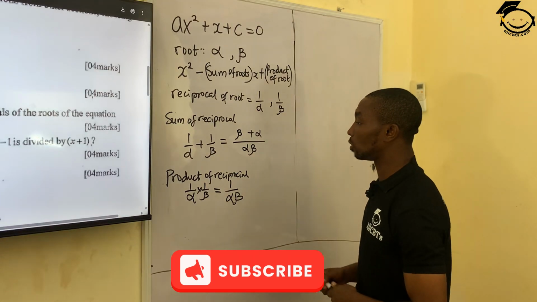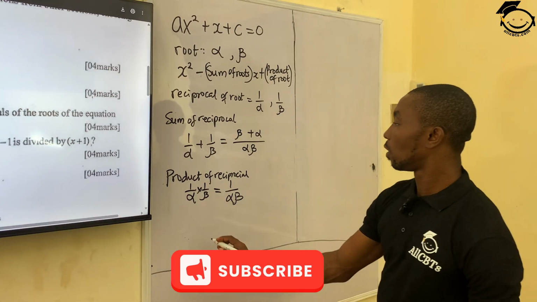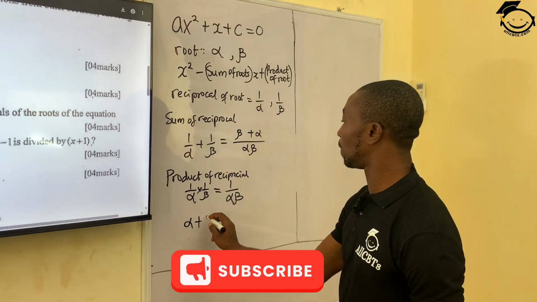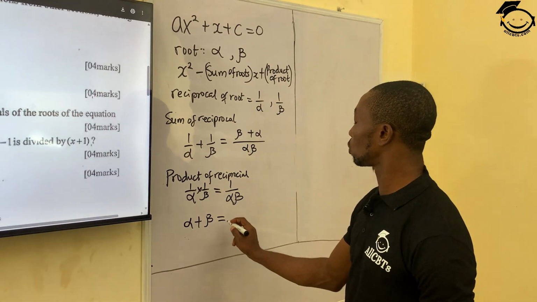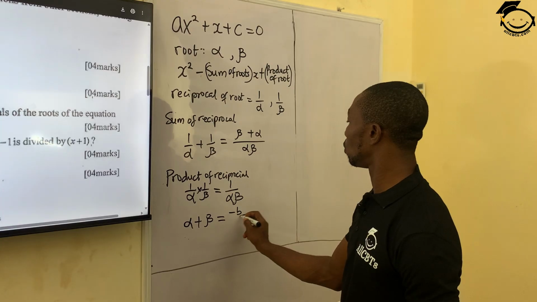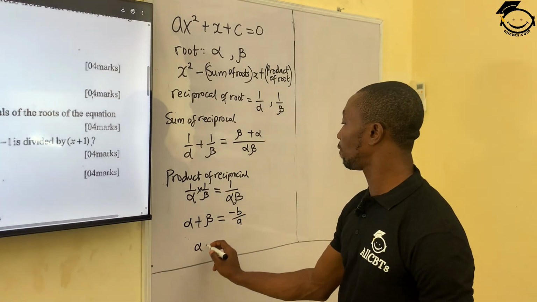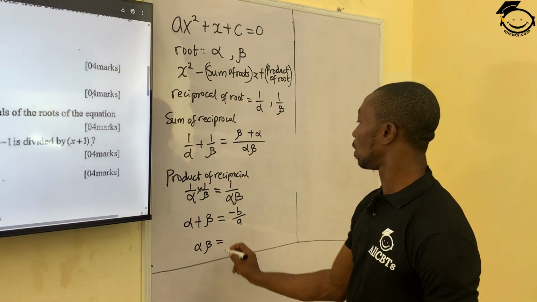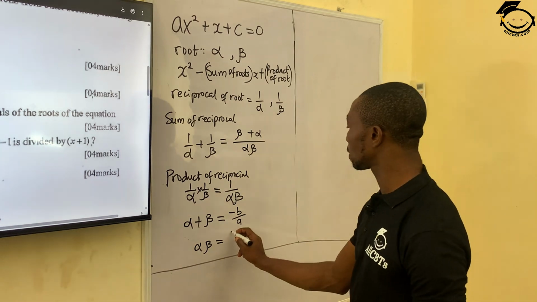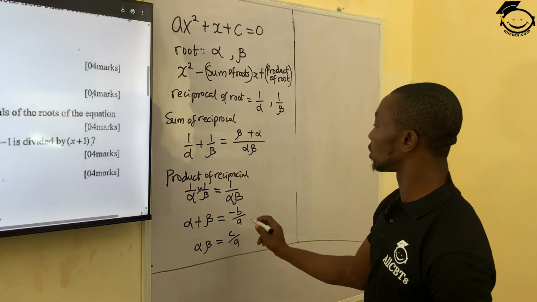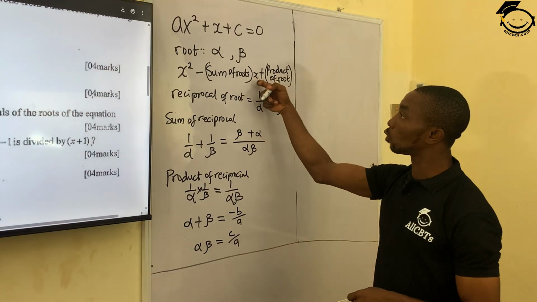Now, coming back to this, we know that our alpha plus beta equals minus b over a, and alpha beta equals c over a. This is gotten from our original equation here.